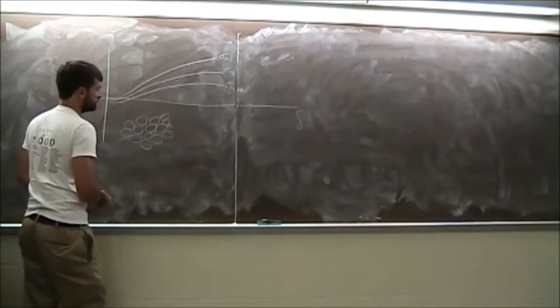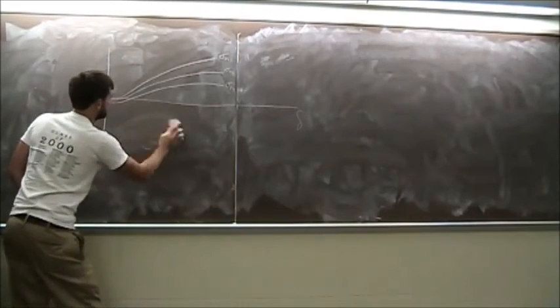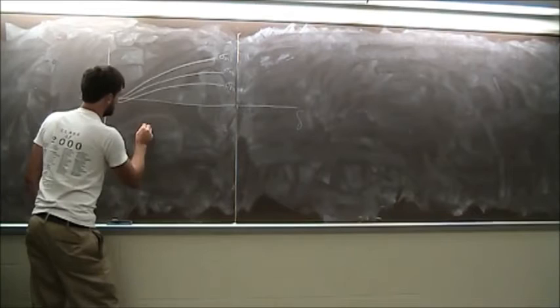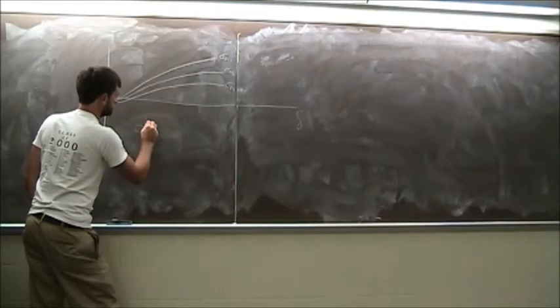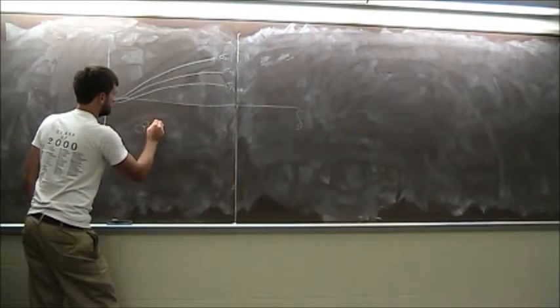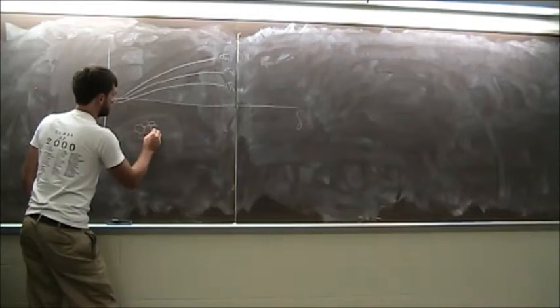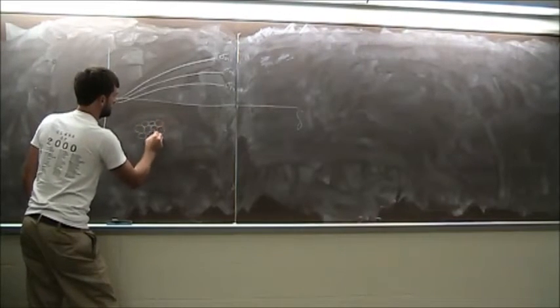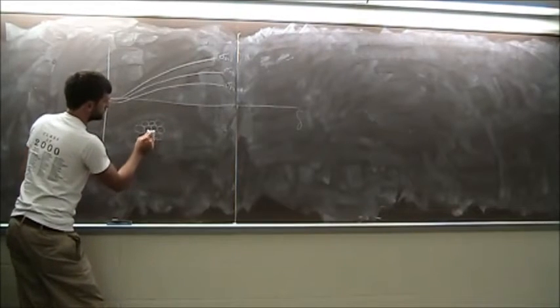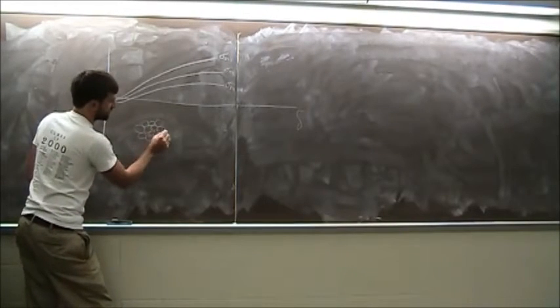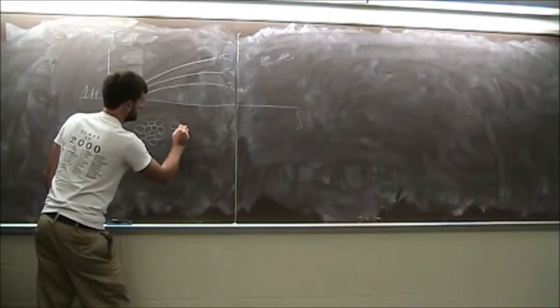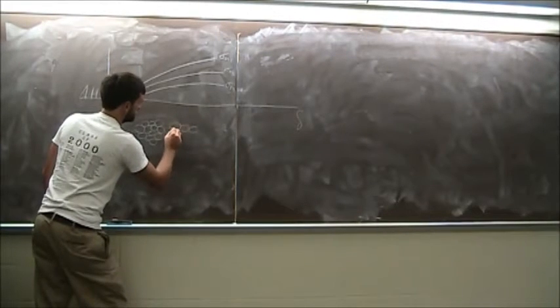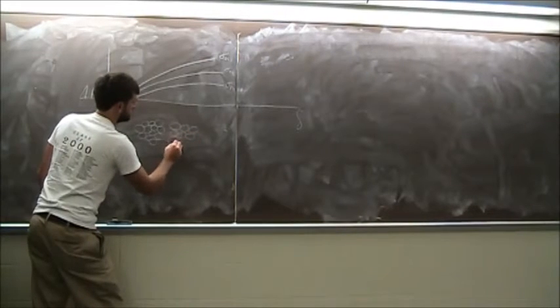But as you continue to shear, so now you're in a fairly dense configuration. And as you continue to shear, what happens is these particles move from something like this to something like this.